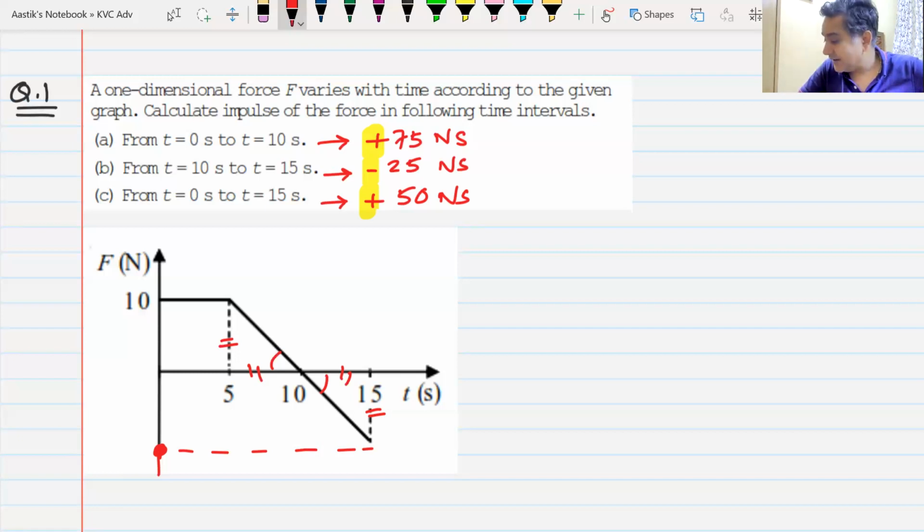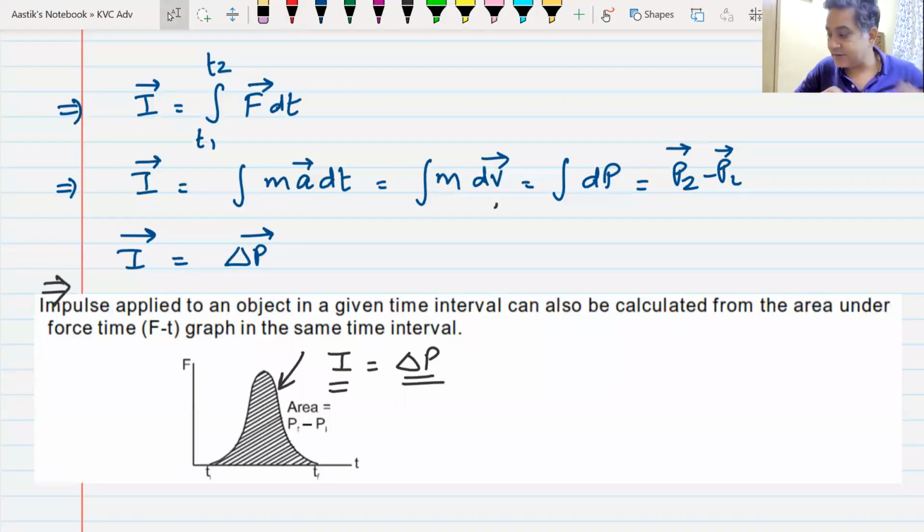Okay. Now the next heading is impulse momentum theorem, and we have already done this. The only thing is we did not write it in this way. So we will go back to the past and look at this point.